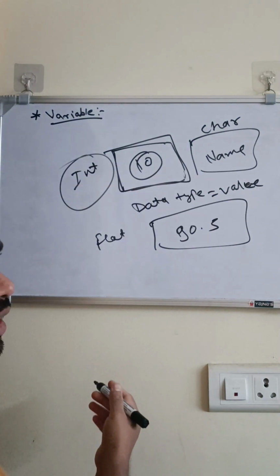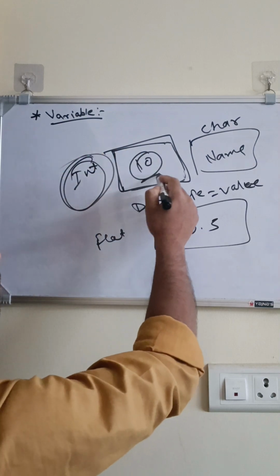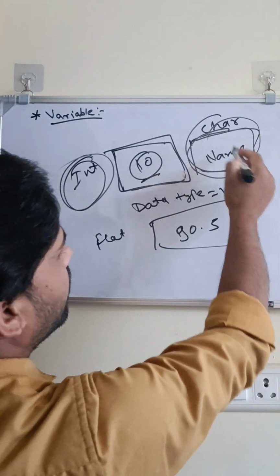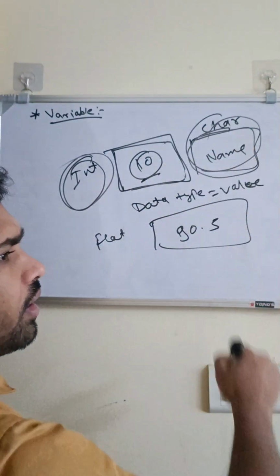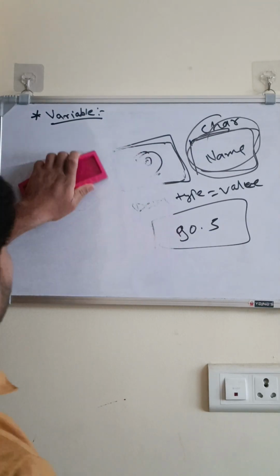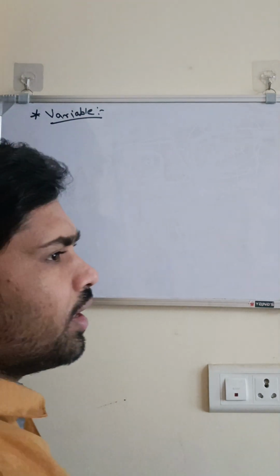If it is integer, it stores an integer value. If it is character, it stores a character. So variable is one type of container where we store the value of data types.